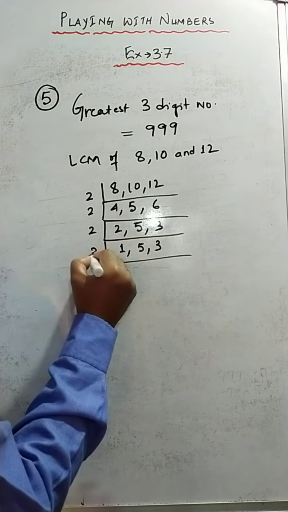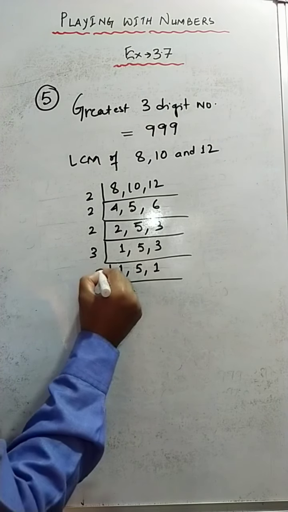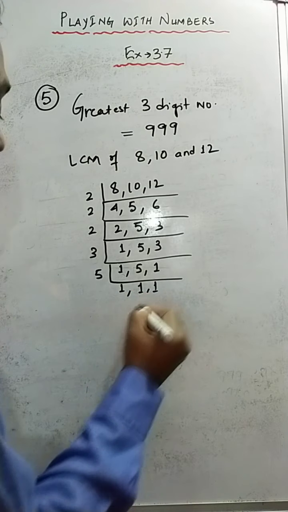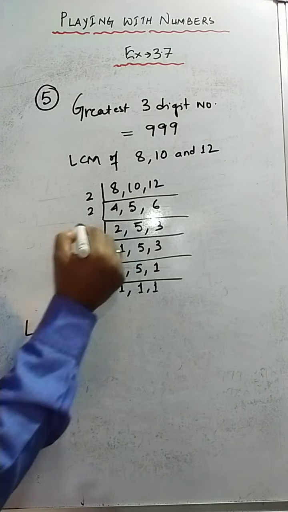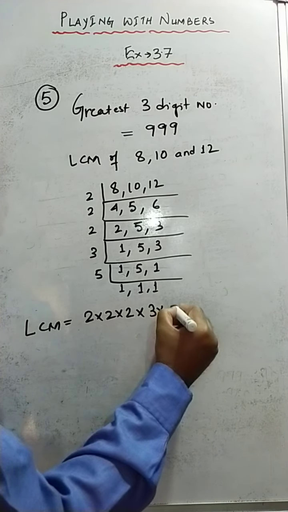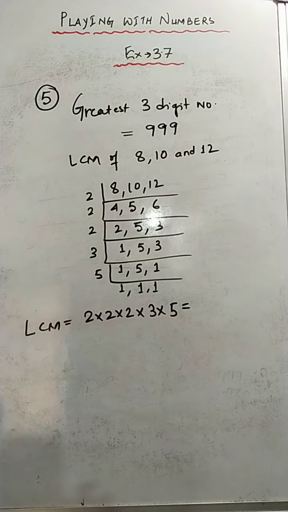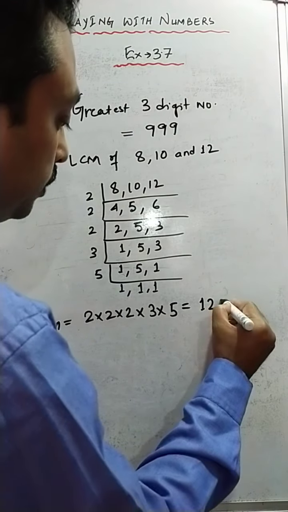Now the next number would be 3 and finally we'll write 5. So what is the LCM then? LCM would be 2 into 2 into 2 into 2 into 2 into 3 into 5. So if you multiply all those numbers, 5 2s are 10, 40, 4 3s are 120, students.